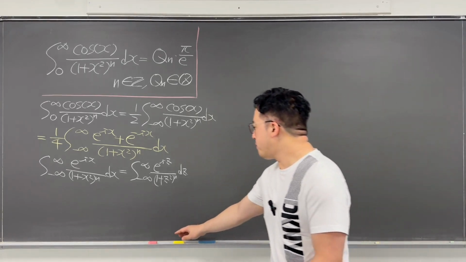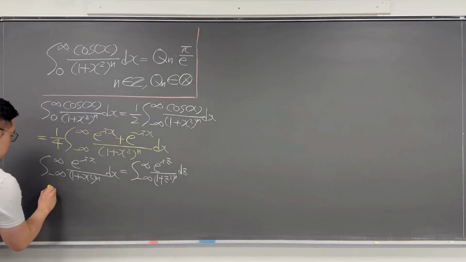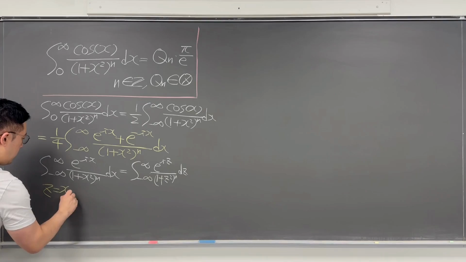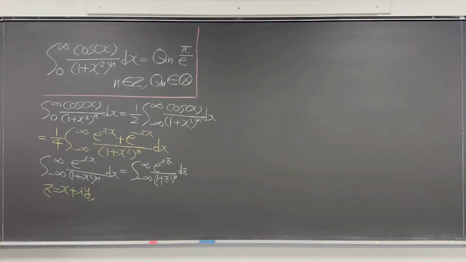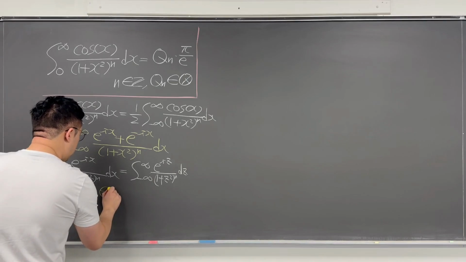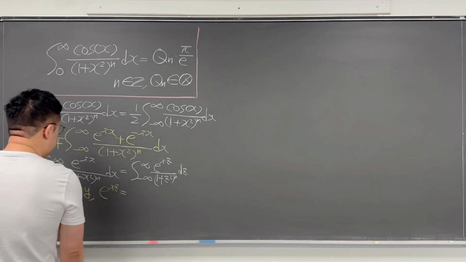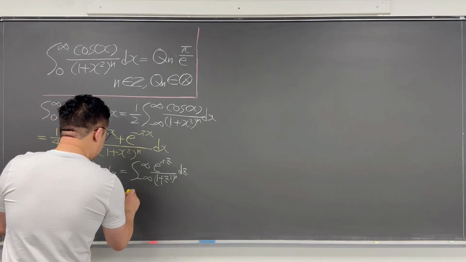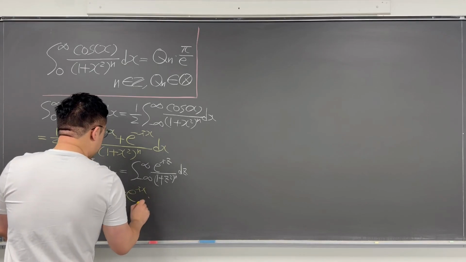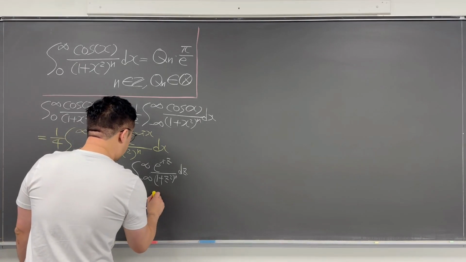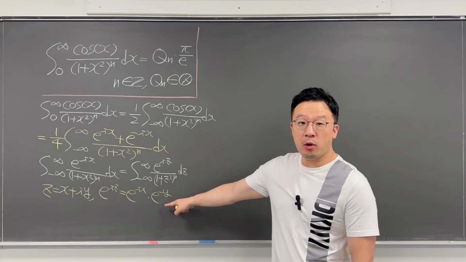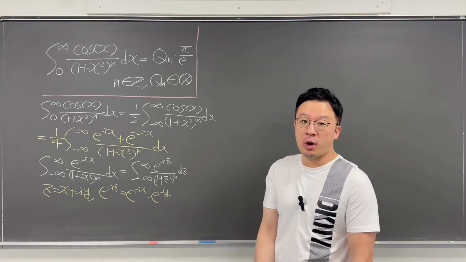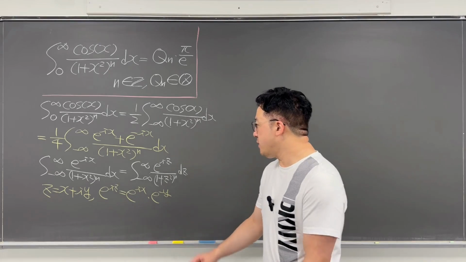At the same time, we can represent your z as x plus iy. So e to the power of iz is the same as e to the power of ix times e to the power of negative y. Then we can easily say this e to the power of negative y is decreasing when y is positive. So time to use the contour.